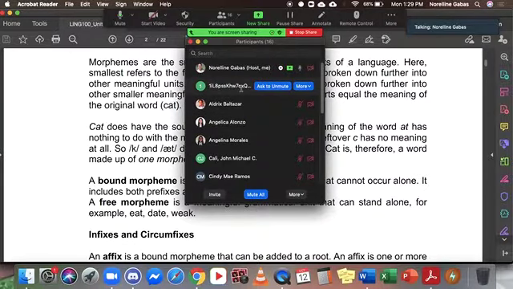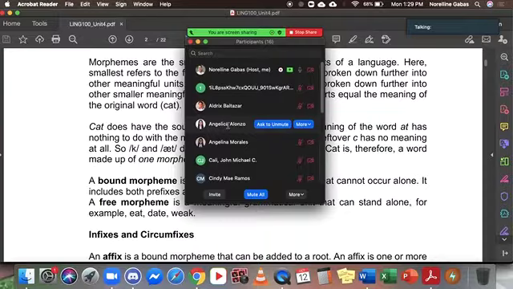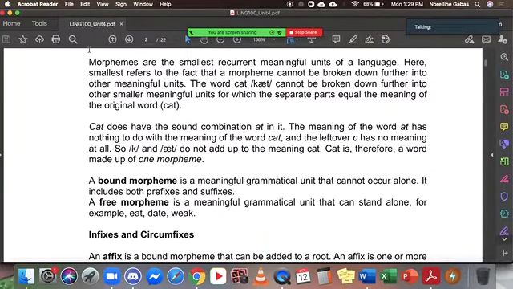Sino to? Kakaiba pangalan. Pwede mag-open mic. Bound morphemes. Ano ulit yun?